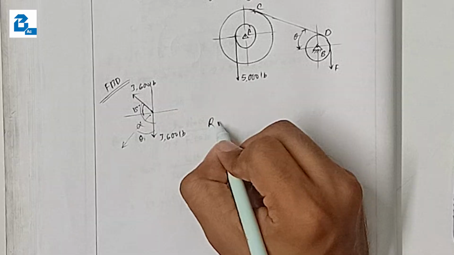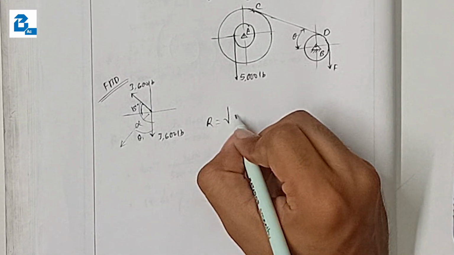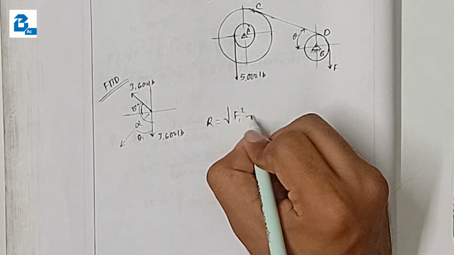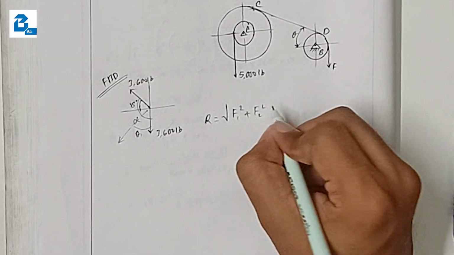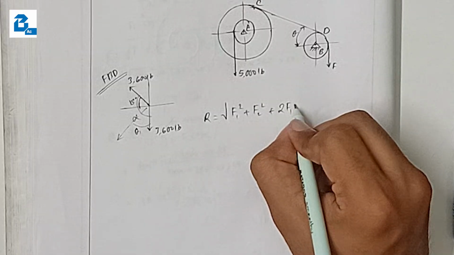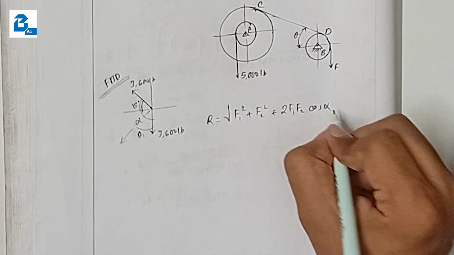For that, we will use R equals root over F1 square plus F2 square plus 2 into F1 F2 cos alpha.